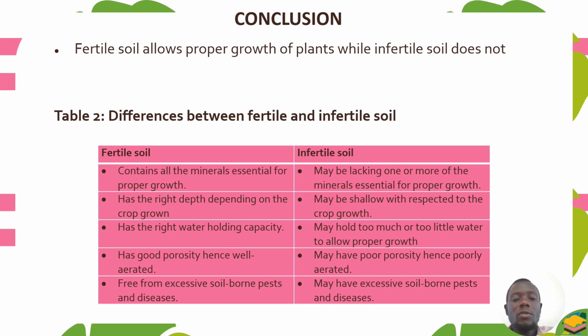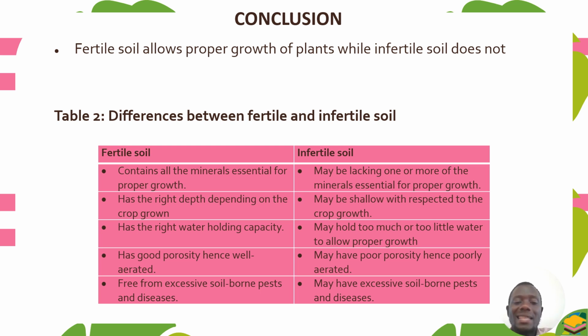So fertile soil contains all mineral elements essential for proper growth, while infertile soil may lack some of the essential minerals for proper growth. Fertile soil has the right depth depending on the crop grown, while infertile soil may be shallow with respect to the crop grown.